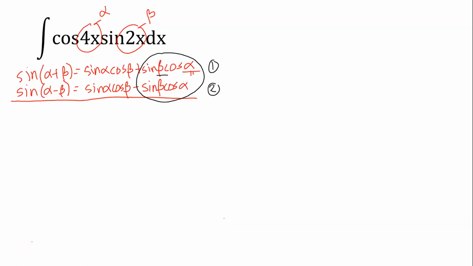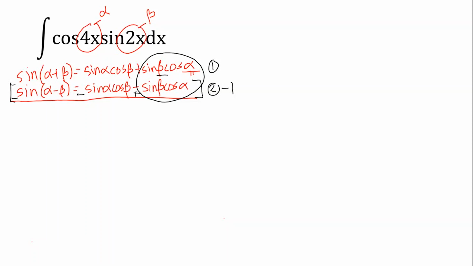Therefore, in order to retain this term, we have to multiply both sides by negative 1, correct? If we multiply it by negative 1, all the signs in this second equation will change into their opposite signs. For example, sine alpha minus beta times negative 1 will change into a negative sign. Sine alpha cosine beta will change into a negative sign. Sine beta cosine alpha will change into a positive sign.